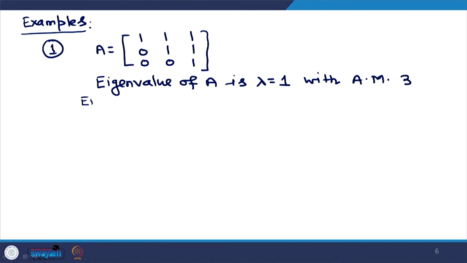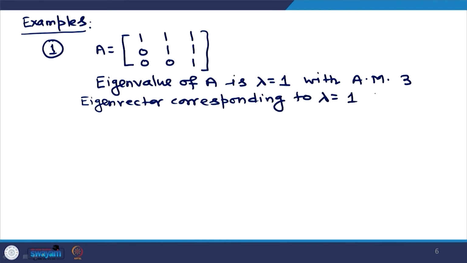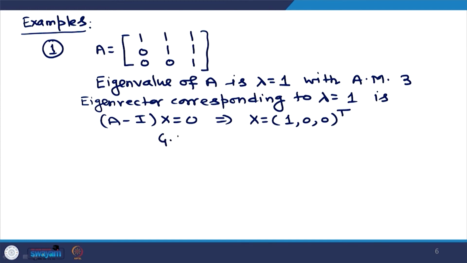Now, the eigenvector corresponding to lambda equals 1 comes from (A minus I)x equals 0, and this comes out to be x equals (1, 0, 0). Hence the geometric multiplicity of lambda equals 1 is 1. So, it cannot be diagonalized.